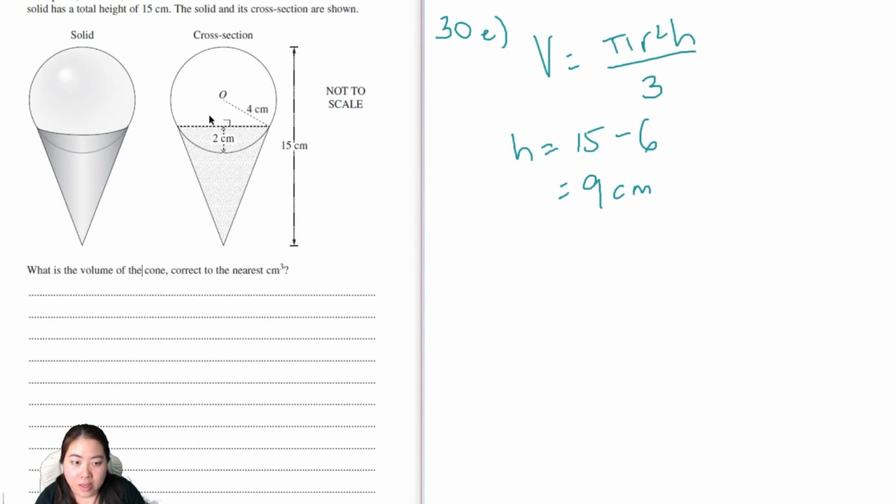Now that we have the height, we need the radius of the cone, and it's not 4 centimeters because it's not going from the middle of the sphere to the edge. It's this one here, and I can use Pythagoras theorem to find that.